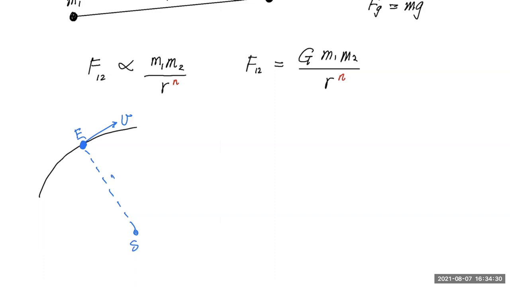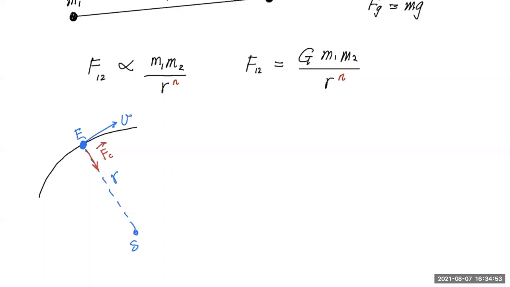The distance between them is r. And we assume r hardly changes because it's a near circular orbit. So basically, the Earth is doing a circular motion around the sun. And therefore, there has to be a centripetal force, right? The centripetal force has to be pointing from the Earth to the sun, like this, Fc.